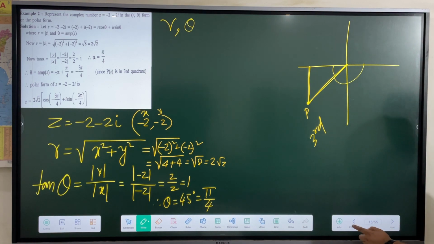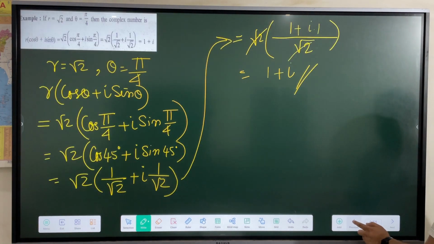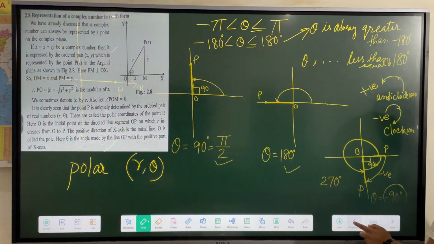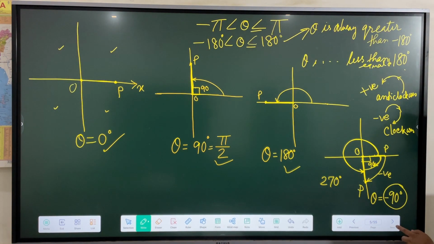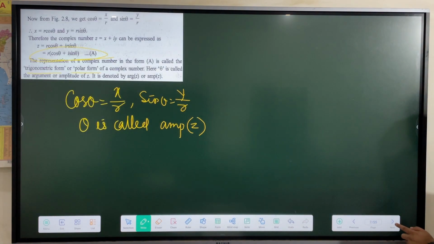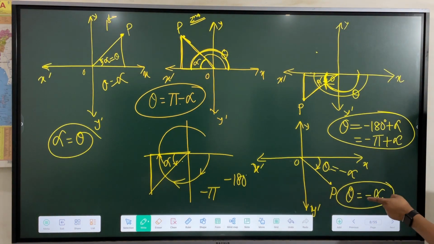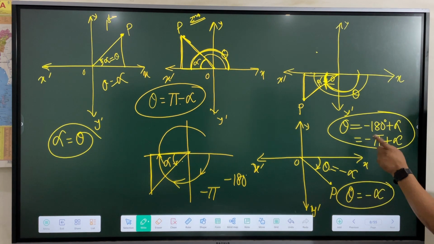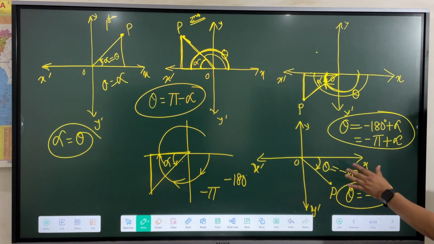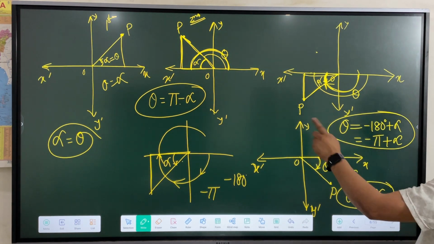Third quadrant. Theta equals minus 45 degree? Sorry, I am sorry.